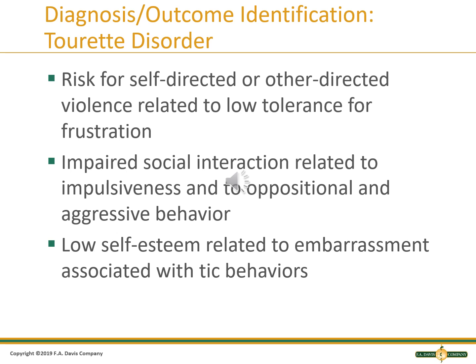The next few slides will talk about the nursing process for Tourette's disorder. So this slide begins with nursing diagnosis and outcome identification. So we have risk for self-directed and other directed violence related to low tolerance for frustration, impaired social interaction related to impulsiveness and oppositional and aggressive behavior, low self-esteem related to embarrassment associated with tic behaviors.